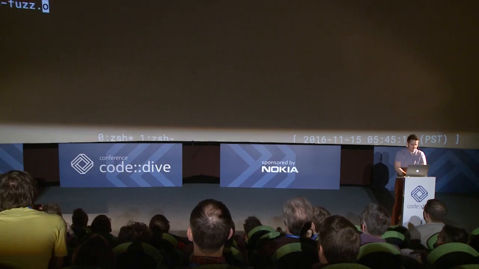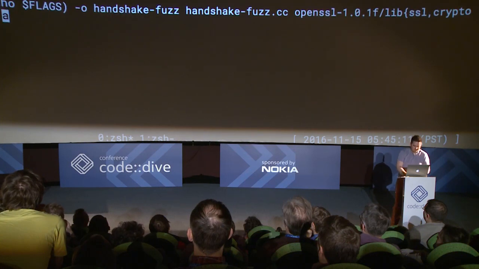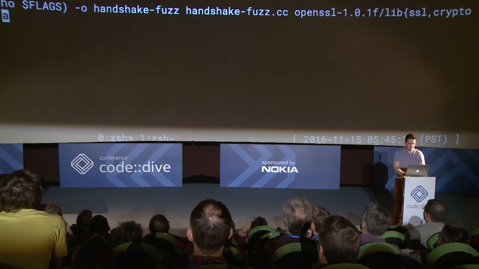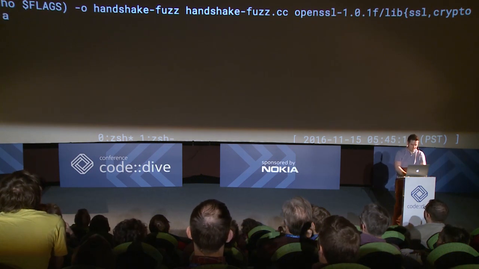And somewhere I will find my command. There we go. Okay. And so here we have to run this monolithic command. I need flags first. All kinds of flags, sadly.